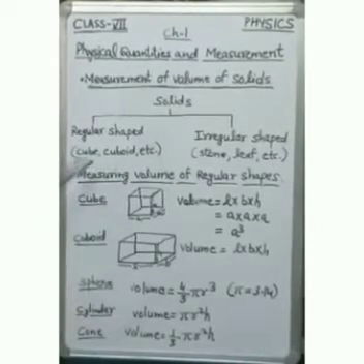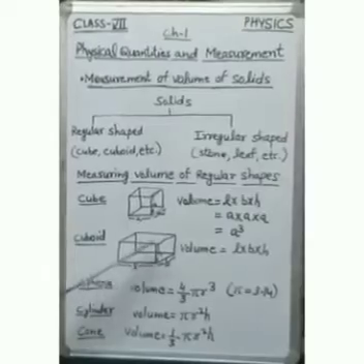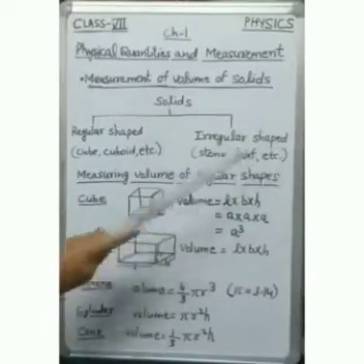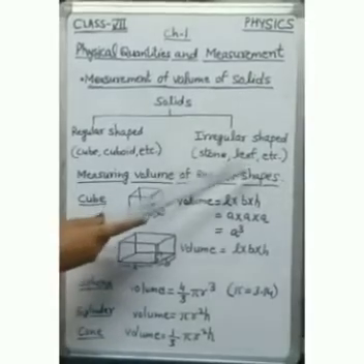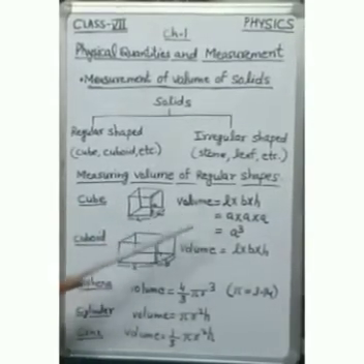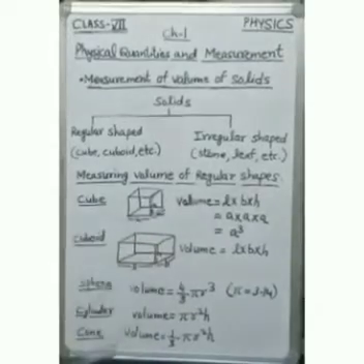For example, cube, cuboid, etc. Cube has square faces. Cuboid has rectangle faces. And second, irregular shape like stone, leaf, they are having different shapes. So first of all, we will talk about measuring volume of regular shapes.